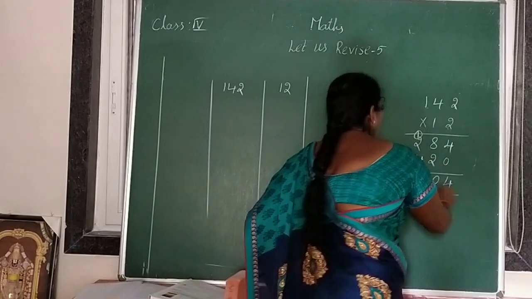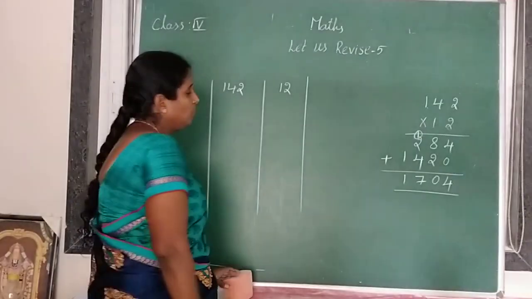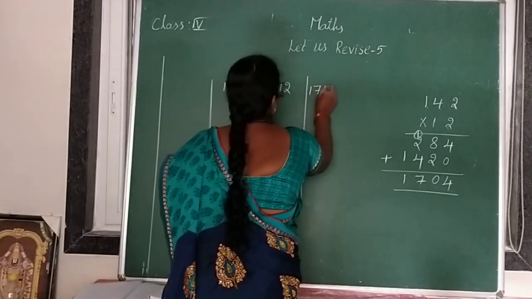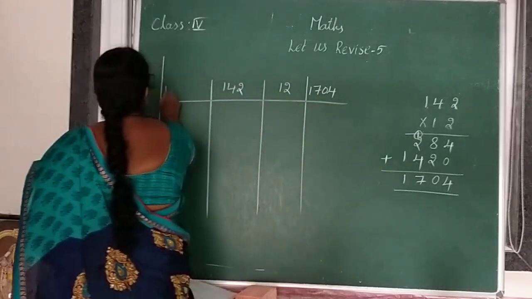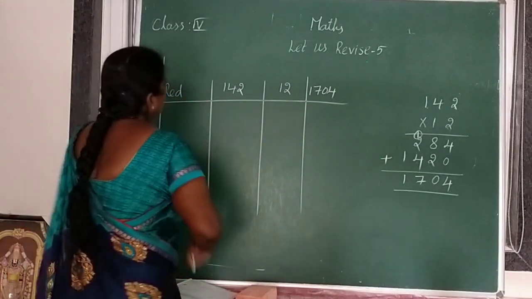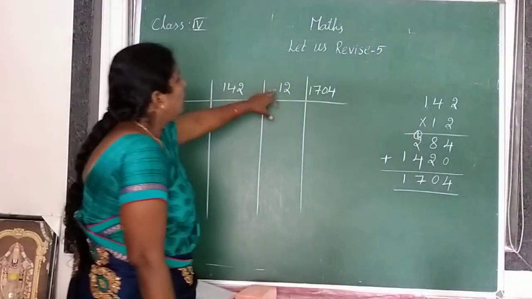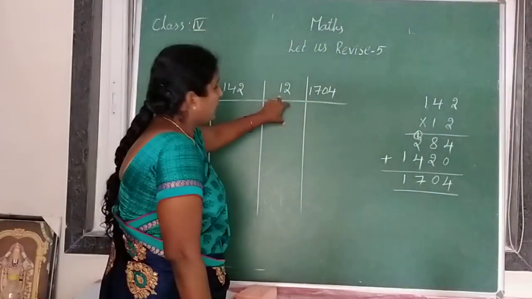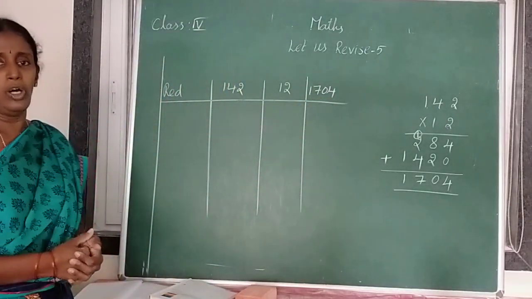And here 1. So how many pencils are there? 1704 pencils in 12 boxes. Red color pencils: in each box 142 pencils, 12 boxes, then 1704 pencils in 12 boxes.